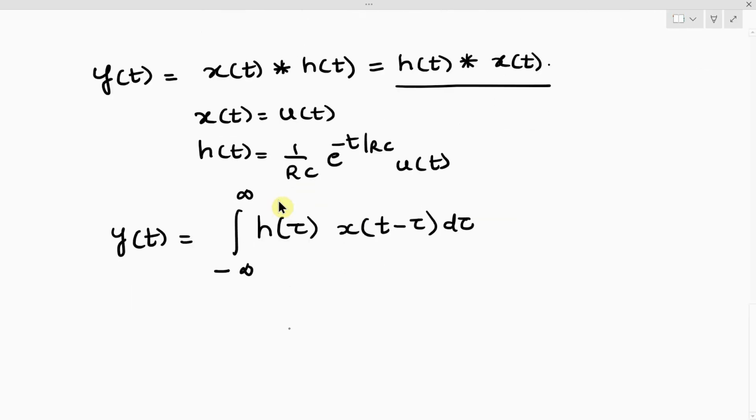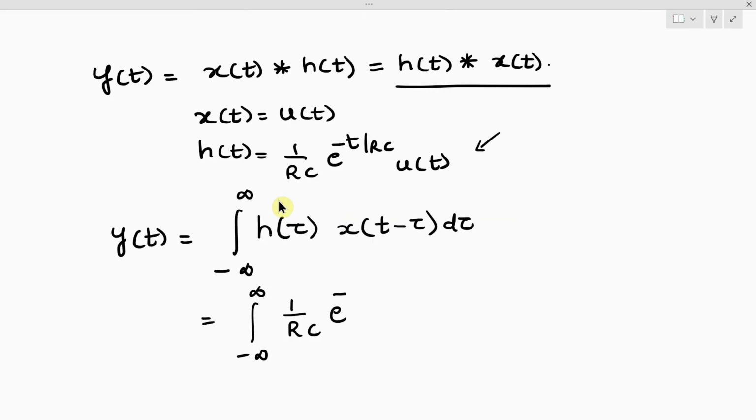Now please substitute what is h and what is x. 1 by RC e power of minus tau by RC. Right. So you have h of t here.